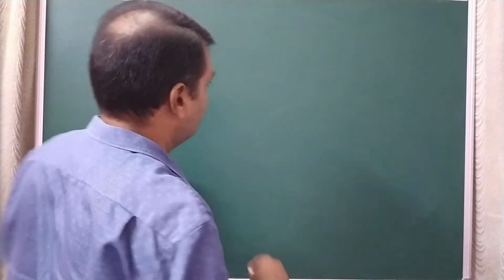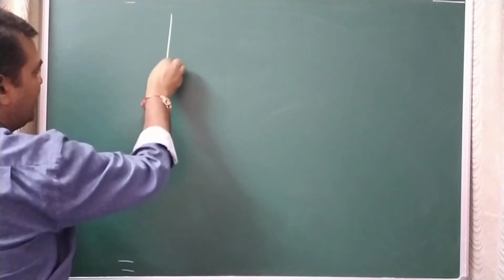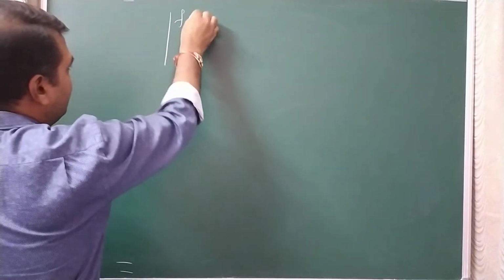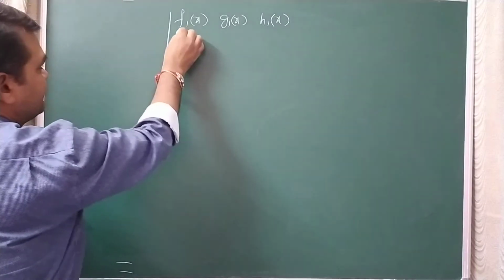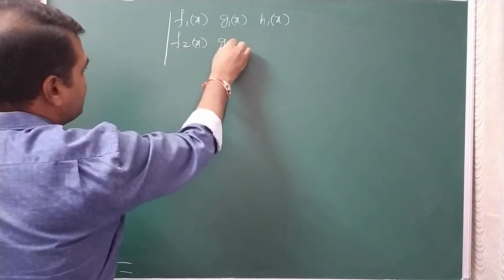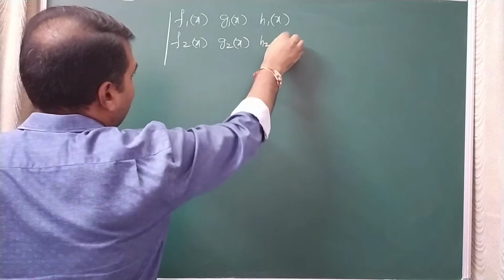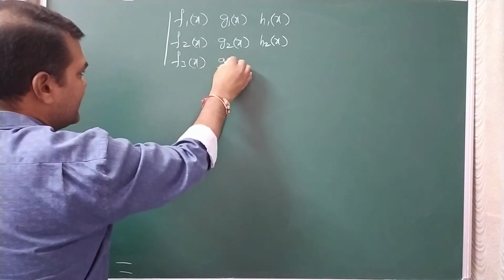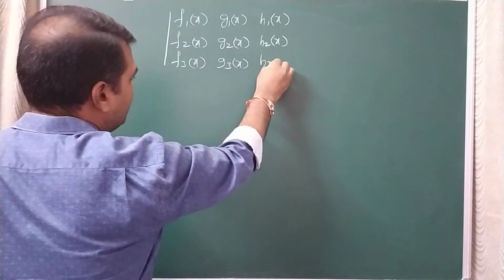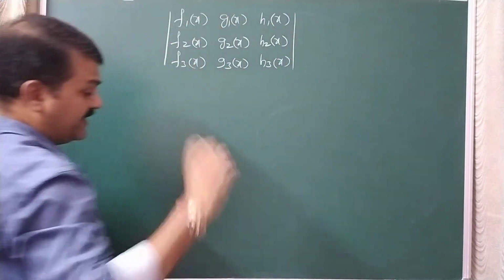Now I am going to the next property. The next property is for whenever you have a determinant with polynomials of x. For example, if you have a determinant in which all the elements are polynomials of x, they can be first degree, second degree or third degree polynomials, anything you can take.